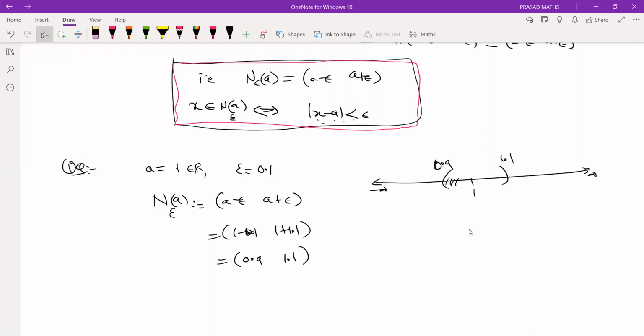So the set of all points lying between 0.9 and 1.1 is nothing but the epsilon neighborhood of the point 1 with radius epsilon. We simply call it the neighborhood of a point a with radius epsilon.